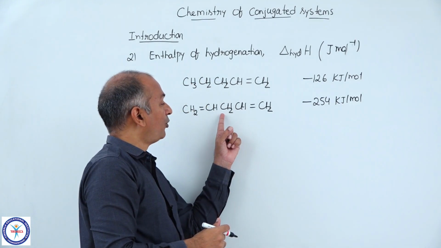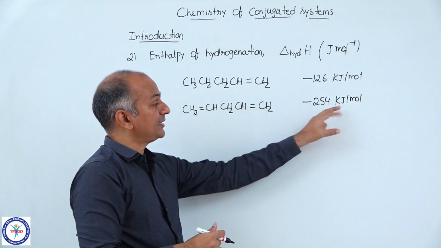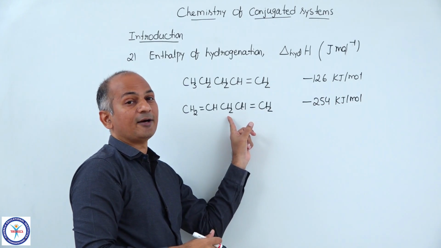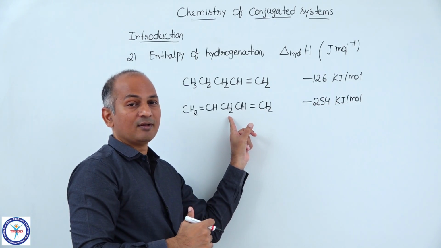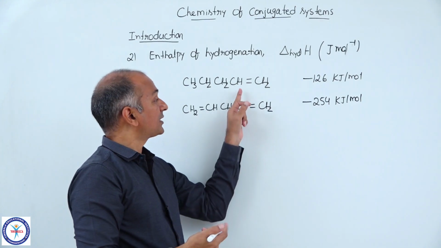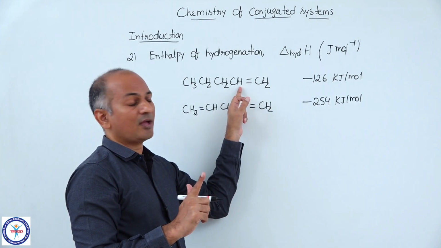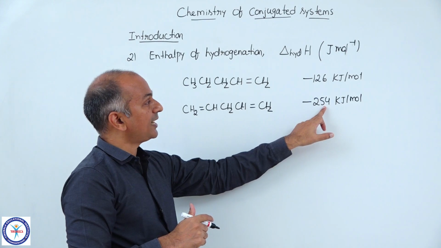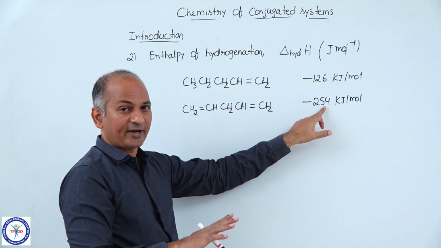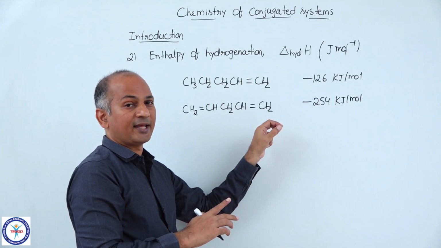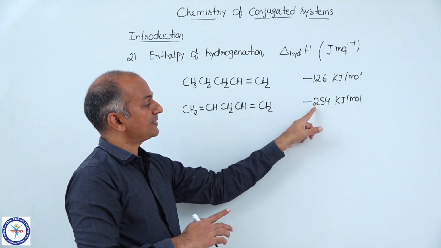If you take 1 mole of this compound, I told you already this is per mole of the organic compound. You add excess hydrogen, it needs 2 moles of hydrogen, whereas 1-pentene needs only 1 mole of hydrogen. So the enthalpy of hydrogenation of 1,4-pentadiene is roughly twice.